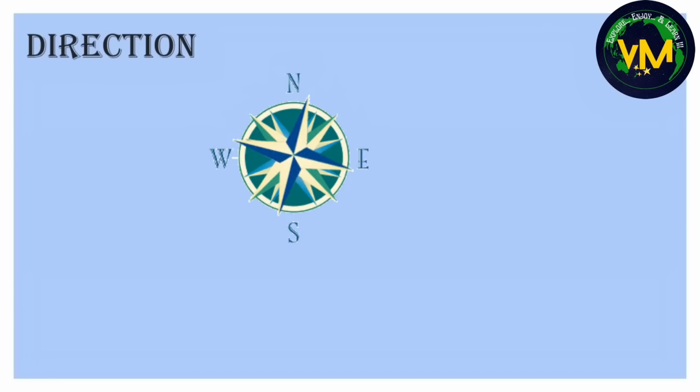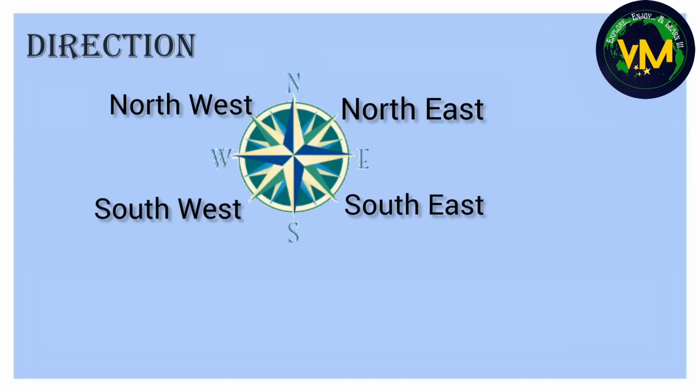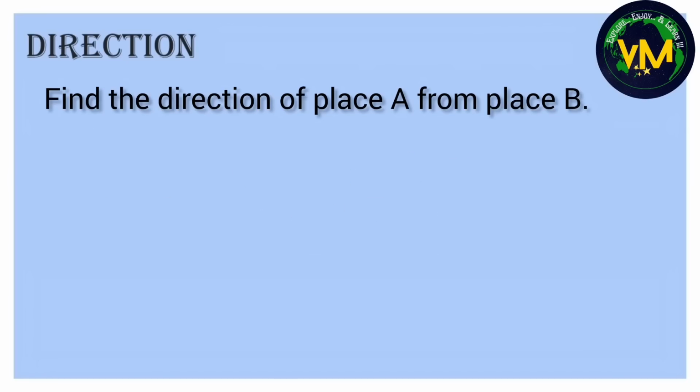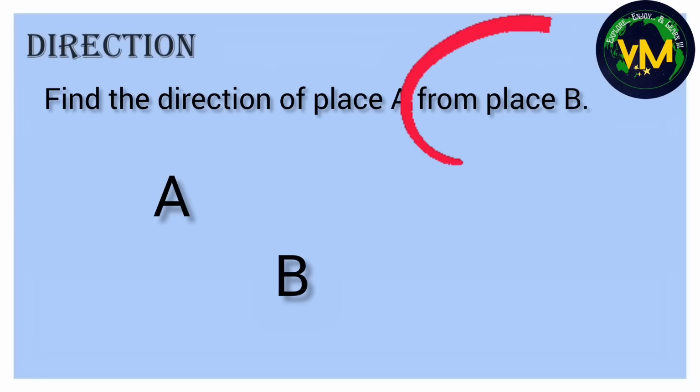Next topic, finding compass direction. We have 8 cardinal directions, north, south, east, west, and in between them we have northeast, northwest, southeast and southwest. So how to find the direction of place A from place B? Always look at the word from. It is from place B. So put your finger in place B and imagine you want to go towards place A. Answer 2 questions.